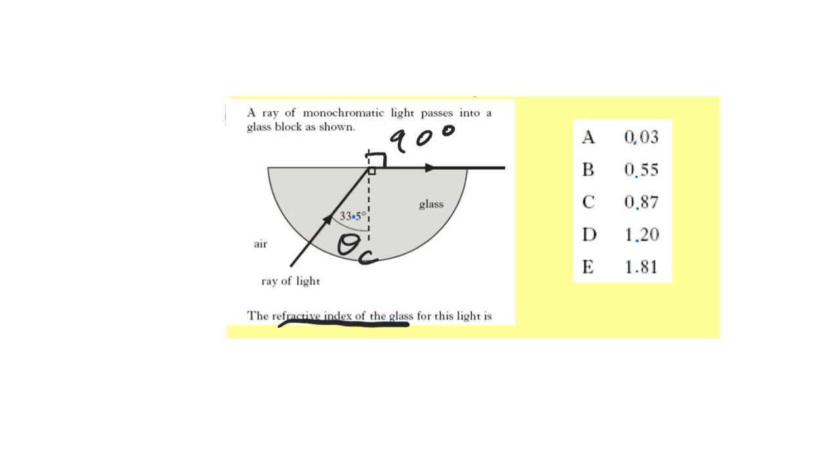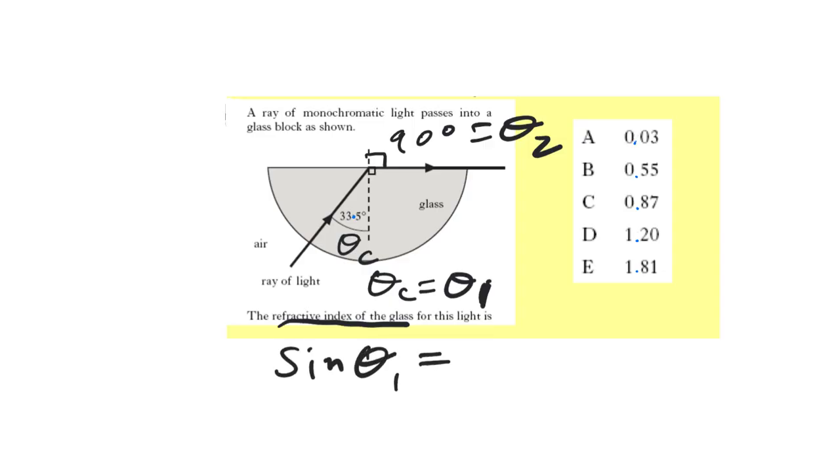So critical angle is the angle of incidence. So the angle of refraction is 90 degrees. So I just use, again, n1 sine of theta 1 equals n2 sine of theta 2.